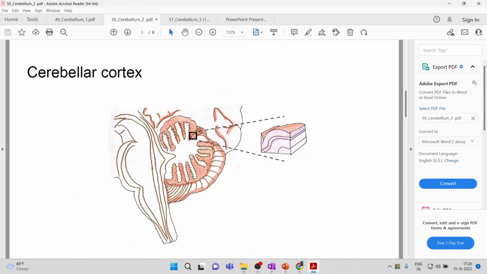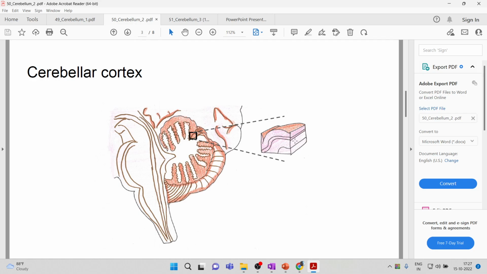Yeah. So we can see here that there are three distinct layers. So this is the cerebellum. In the cerebellar cortex, if you take a small section of it, we can see that there are three layers. One is the granular layer, then the other is the Purkinje layer, and the topmost is the molecular layer. The granular layer, like I said, receives input, so it's the input layer of the cerebellum. Then in the next layer we have these Purkinje cells.